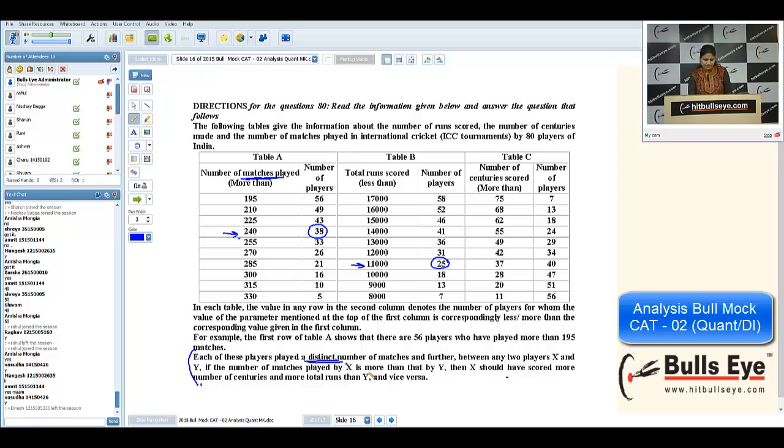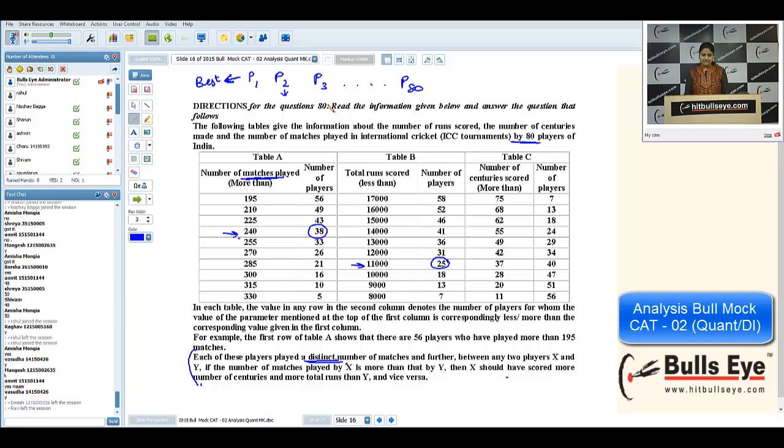So I can do one thing here. I am taking all the players as P1, P2, P3 and so on up to P80, because there are 80 players. Suppose P1 is the best player, P2 is the second best player, P3 is the third best player, and so on. And suppose they are standing in a line in this order only, P1, P2, P3, and so on up to P80, in ascending order.